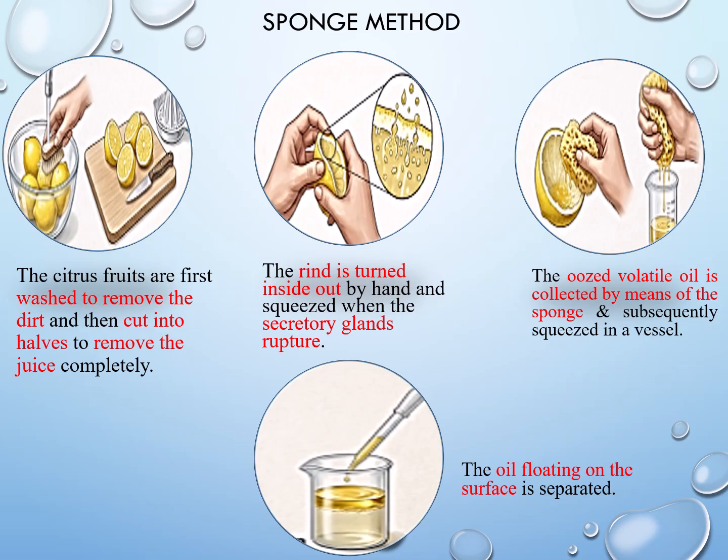Under expression we have the sponge method. So as I told you before, the expression method is mainly used for the separation of volatile oil from citrus fruits, where the volatile oil is present in lower quantities. So here the citrus fruits are first taken, they are properly washed to remove the dirt, and then they are cut into two halves, and the juice is completely removed by squeezing.